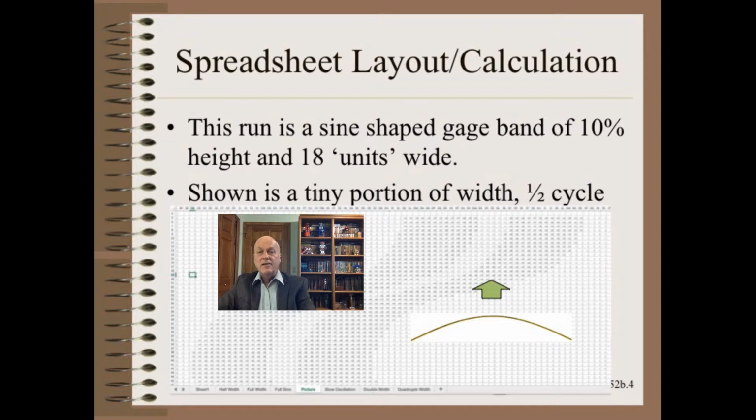Not seen here is the very wide flat profile on either side of this gauge band and a raised edge on one side. The second feature is the sine wave oscillation shown as rows. A little more than half a cycle is shown in this screen snapshot. Not shown is the bottom row that simply sums the thicknesses of the layers above.